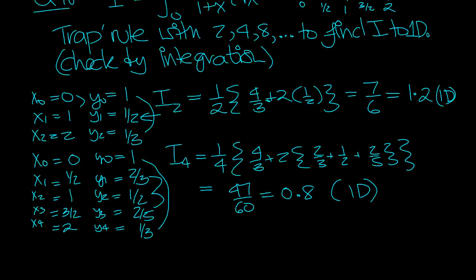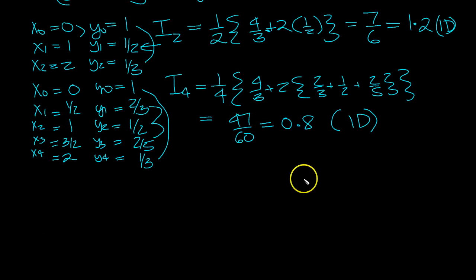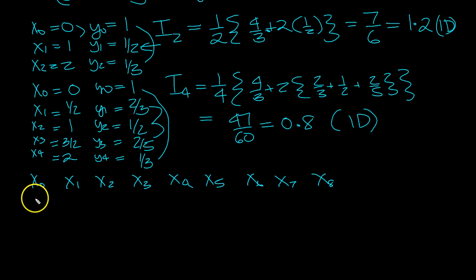Now let's do I8. Hopefully I got these answers correct. So we'll do x0. I'll do them across the page now because we're going to run out of space that way. And we need a bit more room. Instead of going up in halves, we're going to go up in quarters, aren't we?